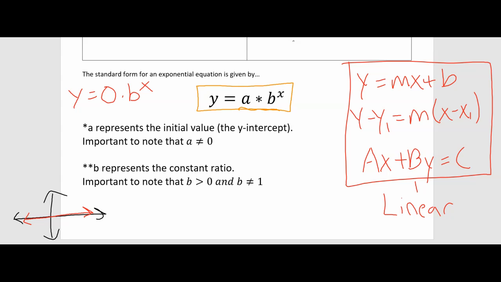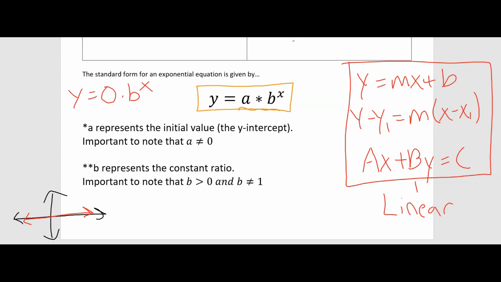The b represents the constant ratio. If we think back to our Keenan and his subjects example, the constant ratio for option B was 2, because we were doubling the amount of coins we got each day. Your constant ratio is what you're multiplying by for each new x value.